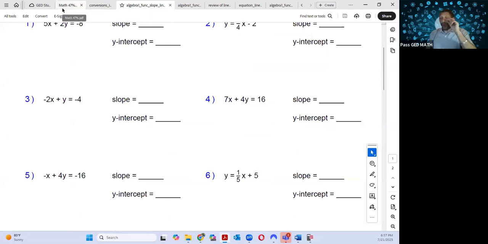You have to be able to find a slope from 2 points. I showed you how to do it manually and how to use the calculator. You have to be able to find a slope from a graph, rise over run. You have to be able to find a slope from an equation. There are 2 types of equations, slope-intercept form and standard form.